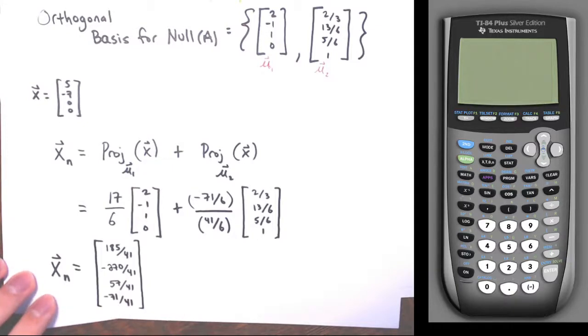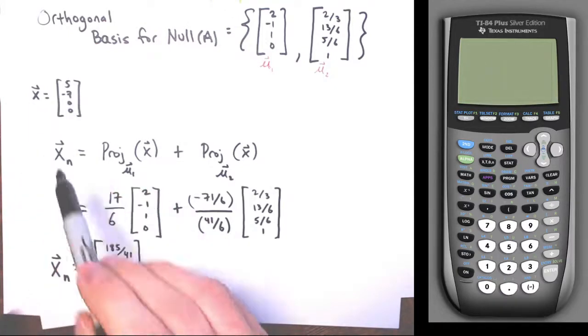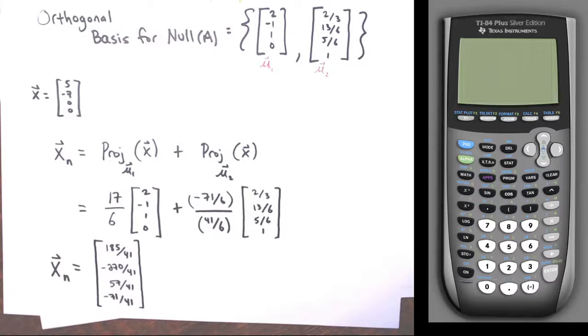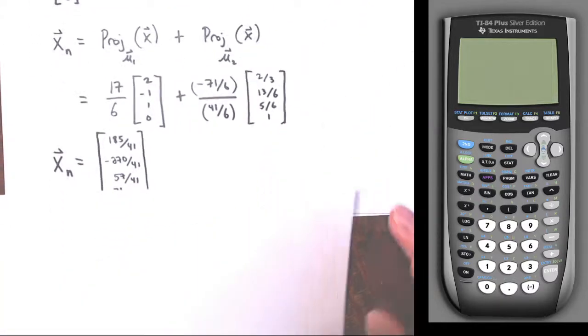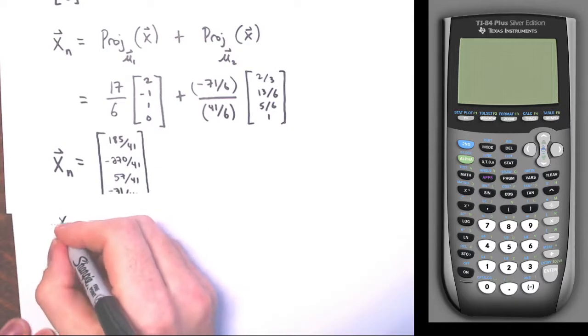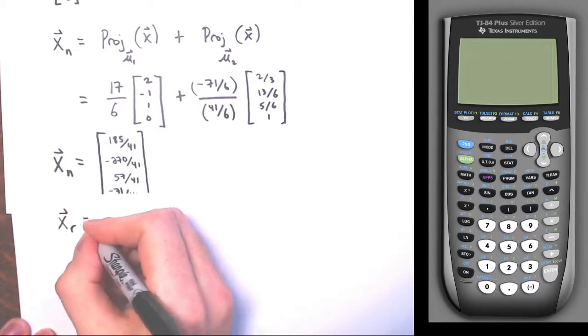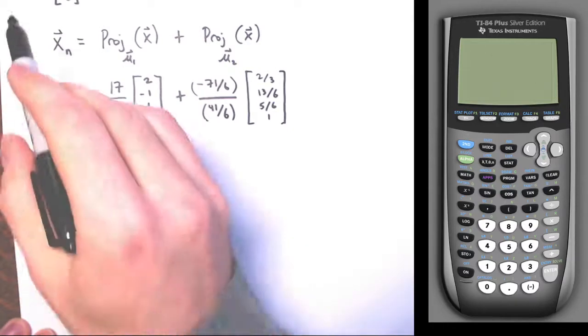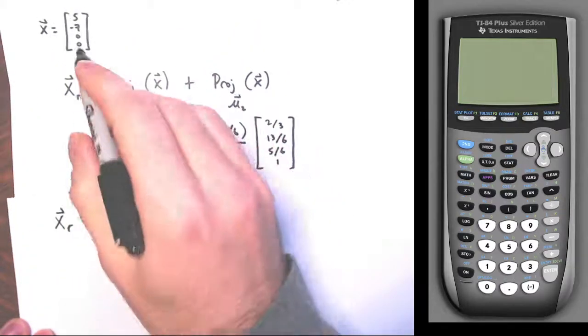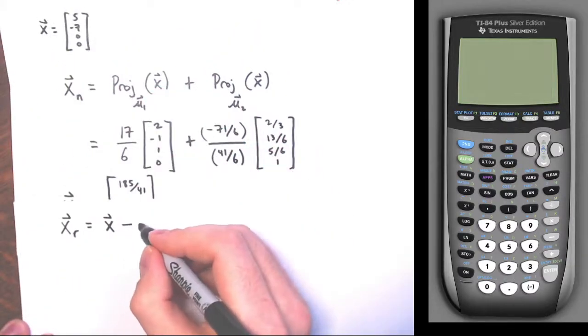Alright, and now I'm going to find that xr. I'm just going to subtract this from x, and we'll get our vector from the row space of A. So remember that our xr, the vector from the row space, is just our solution 5, negative 7, 0, 0, minus xn.